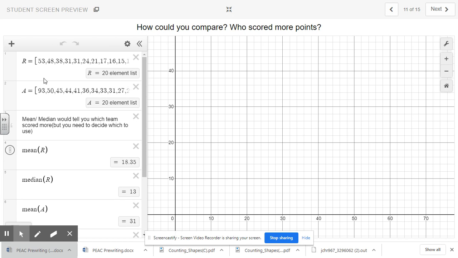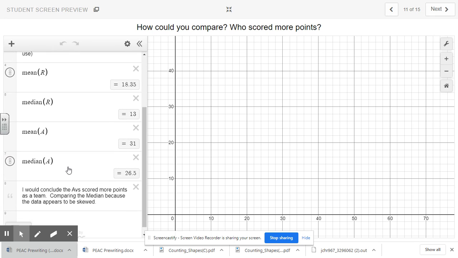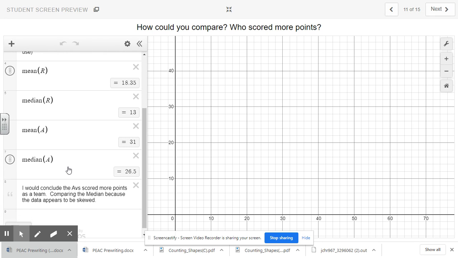One way I could compare, if my question is who scored more points, which may be part of your stat project, is to look at the mean or the median and decide which one to use. Here you can see on the side, I looked at the mean of the Red Wings, R for red, sorry, and the mean of the Avs, A for Avs. Clearly the mean and the median are not the same, so the data is definitely skewed.